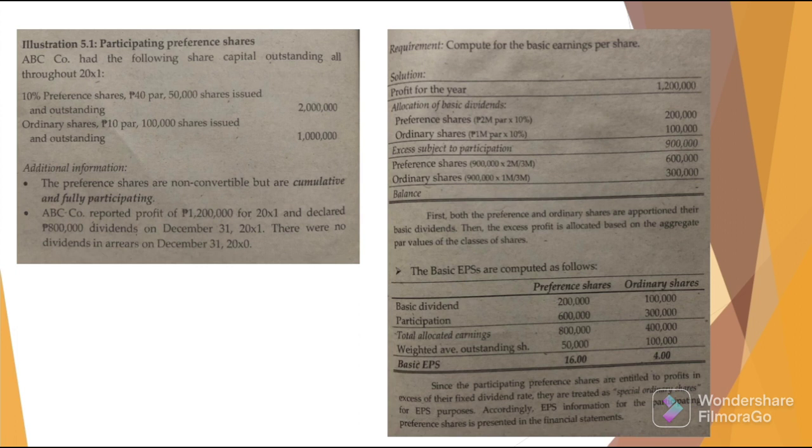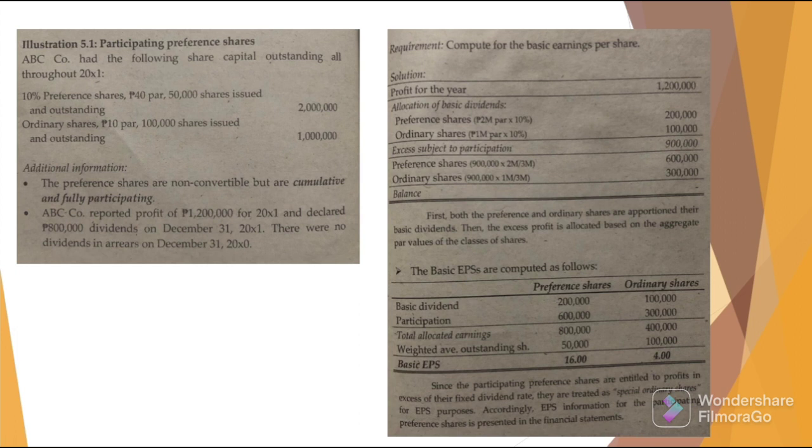Yung weighted average outstanding shares ng preference shares is 50,000, as stated dun sa problem. And sa ordinary shares naman, may 100,000 na nakalagay din dun sa problem. Ngayon, kapag pinag-divide na yung dalawa, yung allocated earnings and weighted average outstanding shares, makukuha na natin yung basic earnings per share ng preference and ordinary shares.